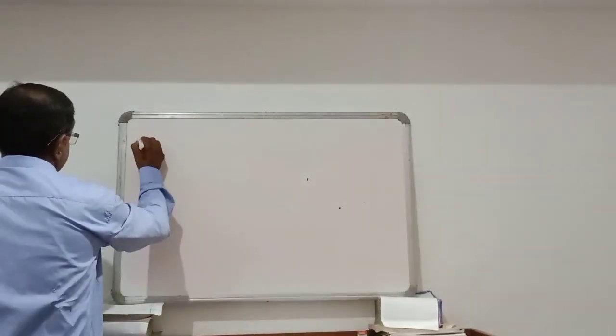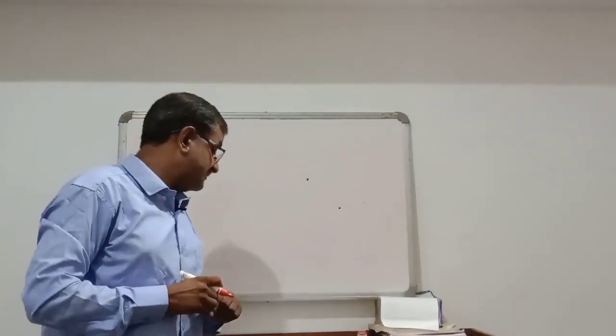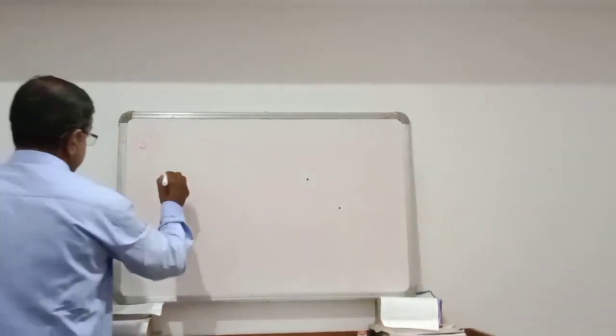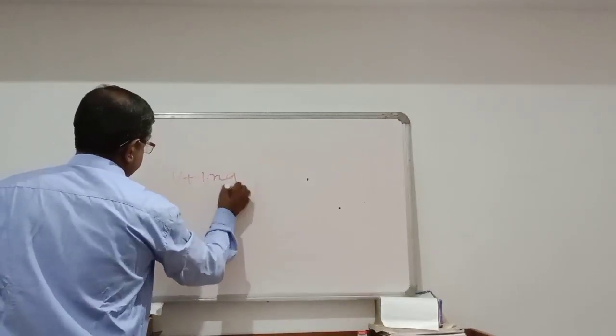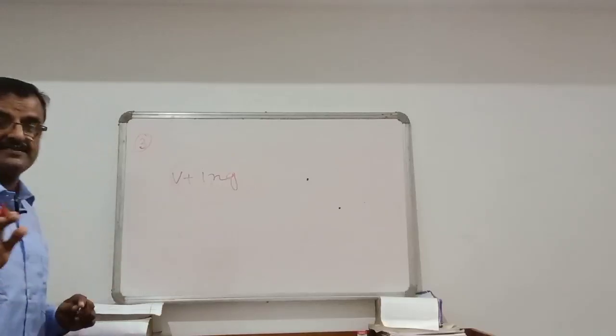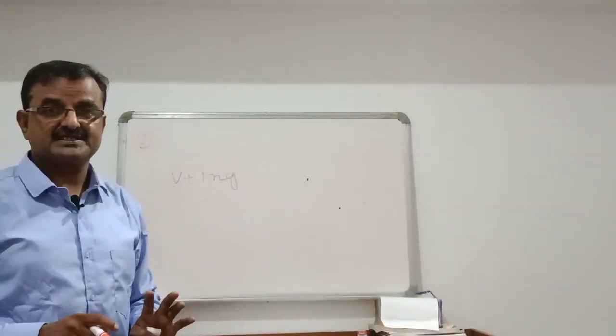So another important point about the present continuous tense is that there are some verbs that usually do not take continuous forms. That means verb plus ing. There are some verbs in English grammar that usually do not take continuous forms.